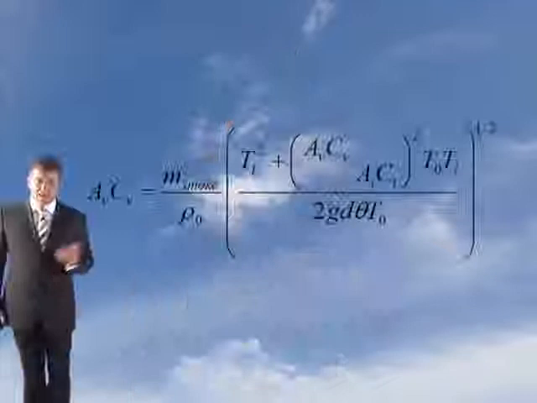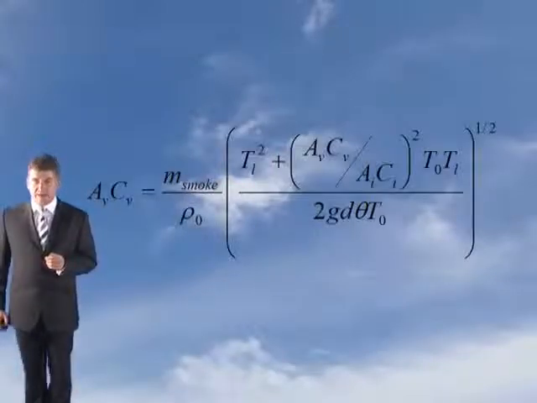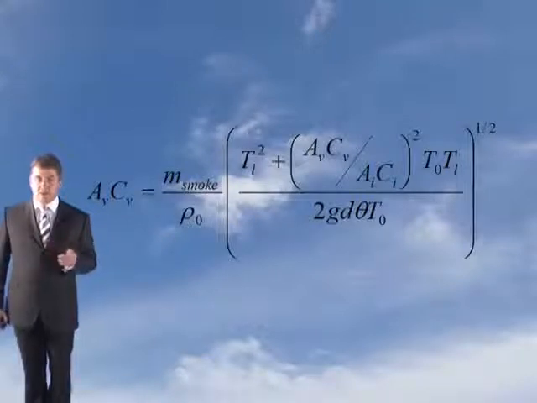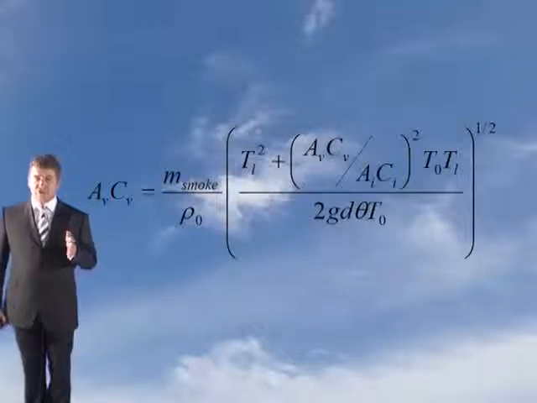Now we need to determine the AVCV factor. We need to work out how much ventilation we need in each reservoir. And this is the formula you apply. Here, this is the AVCV formula. AVCV equals M smoke divided by rho 0. You multiply all that by TL square, which is the temperature of the smoke, plus you've got your AVCV divided by your AICR.